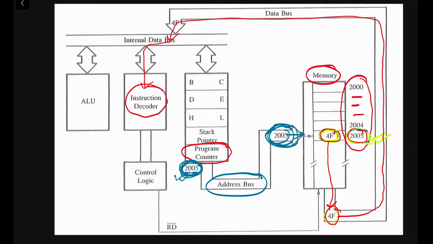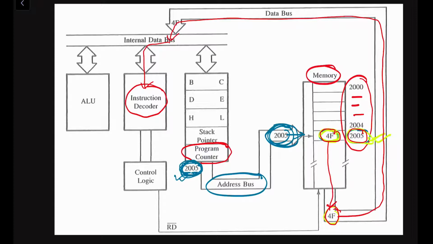Opcode fetch means we have some memory address in the program counter that will go through the address and data multiplexed bus. That means the higher order 8 bits will be transferred to the address bus A15 to A8, and the lower order 8 bits will be transferred to the multiplexed address data bus AD0 to AD7.